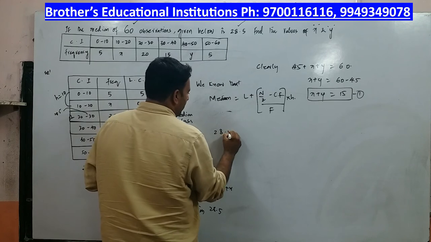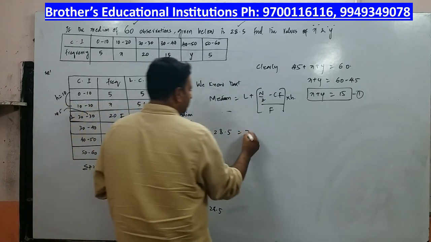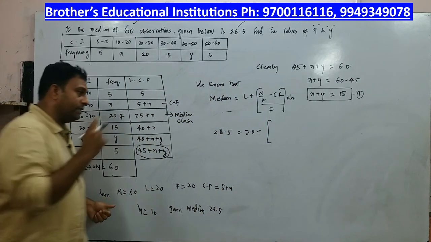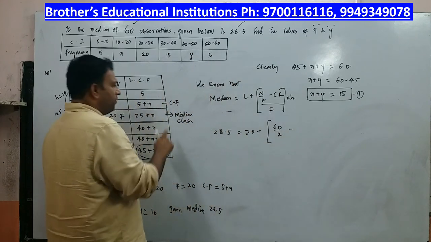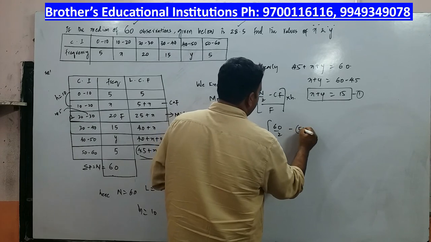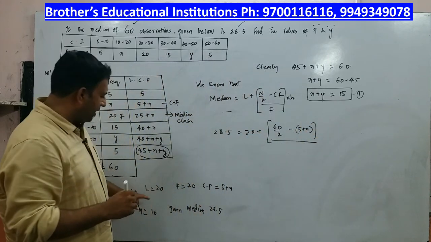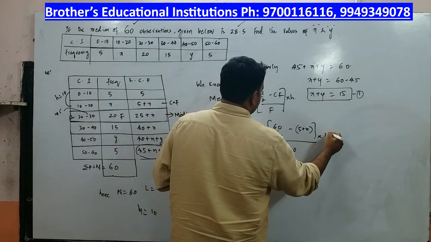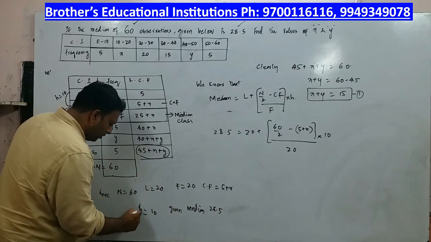So 28.5 is equal to L plus, what is the L value? 20, plus n by 2. What is the n value here? 60. Be very careful. 60 divided by 2 minus cumulative frequency. What is cumulative frequency? 5 plus x. Because minus is there, I will put it in brackets, 5 plus x, by f. What is the value of f here? The value of f is 20, into h. What is the value of h there? h is nothing but the width of the class interval, which is equal to 10.